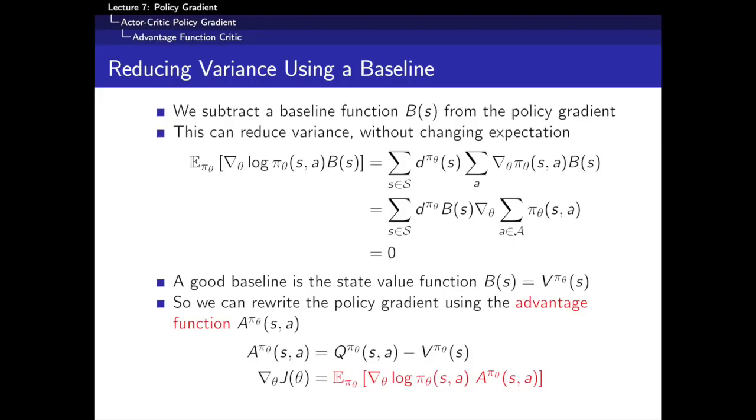So what we're going to do is subtract off some term which looks like this from our policy gradient. Our policy gradient was the score multiplied by the value function. And we're going to subtract off the score multiplied by some baseline function. We choose that baseline function just to reduce the variance, to make this thing roughly the right scale.